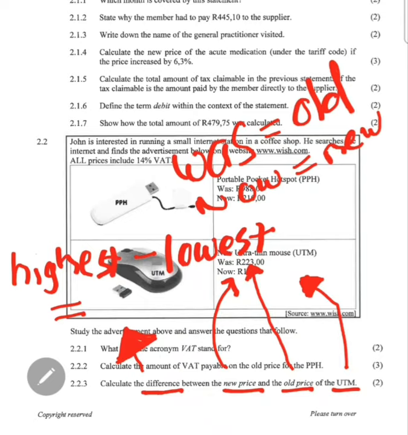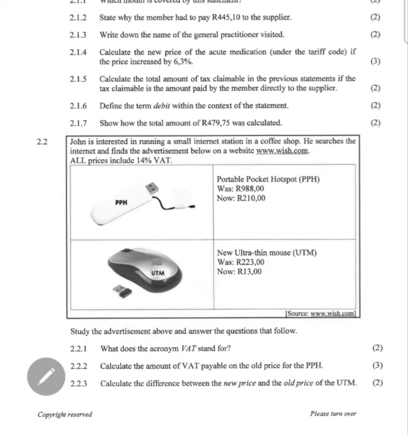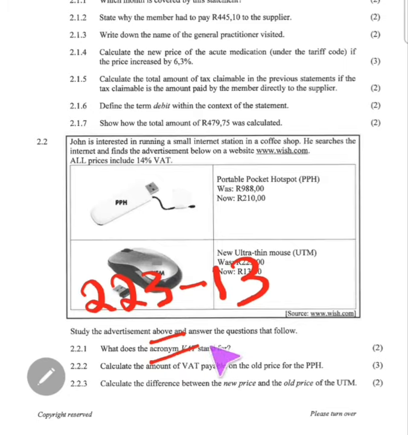So let's work it out. We will first take the highest value, which is 223, minus the lowest value, which is 13. So that should be our answer. Working it out on your calculator, you should be getting an answer of 210. Yeah, that should be right.